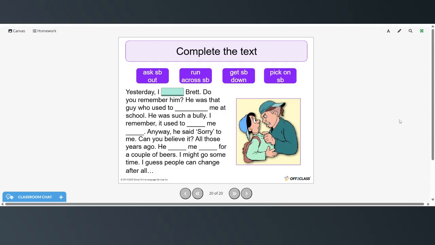Yesterday, I ran across Brett. Do you remember him? He was that guy who used to pick on me at school. He was such a bully. I remember it used to get me down.